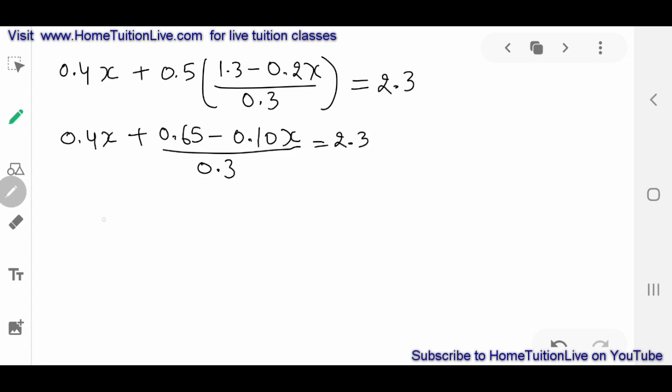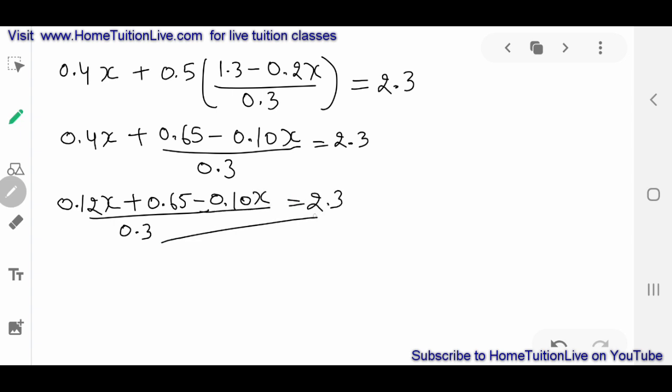Now take the LCM, that is 0.3. Now multiply this with 0.12x plus 0.65 minus 0.10x divided by 0.3 equals 2.3.